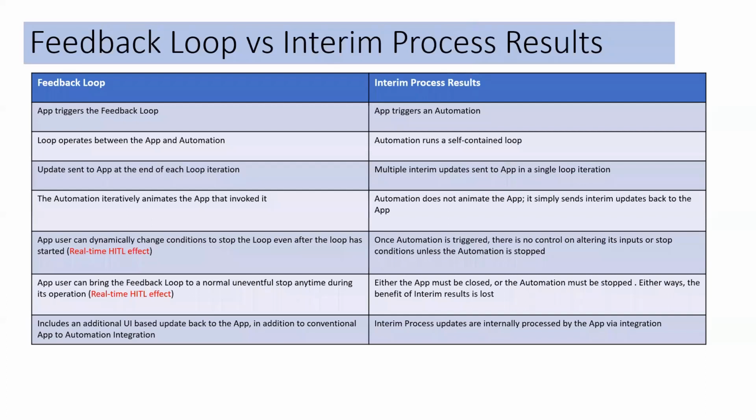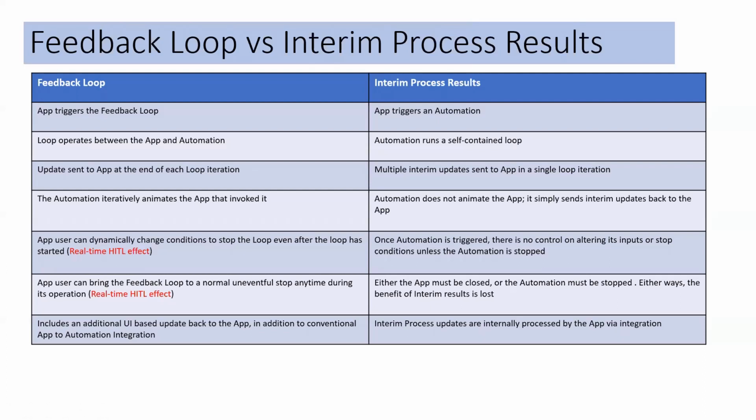Andy, now this is the slide where we differentiate between the feedback loop and the interim process results, which the app already has. So quickly, what does this slide talk about? Well, it talks about what we did with the UI-based feedback loop on the left, and the interim process results feature that you can use with UiPath automations.